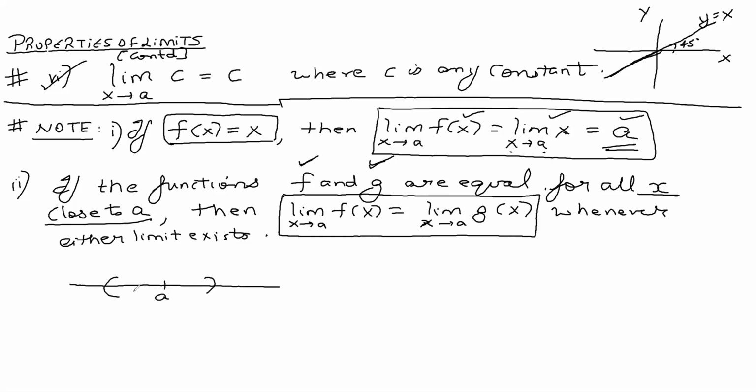In this neighborhood, if my f and g are taking equal values, it will mean that limit as x tends to a of f of x will exactly be equal to limit as x tends to a of g of x. That means, guys, if the functions are equal, their limit value will also be equal. If the functions f and g are equal, then at the limit also their values will exactly be equal.